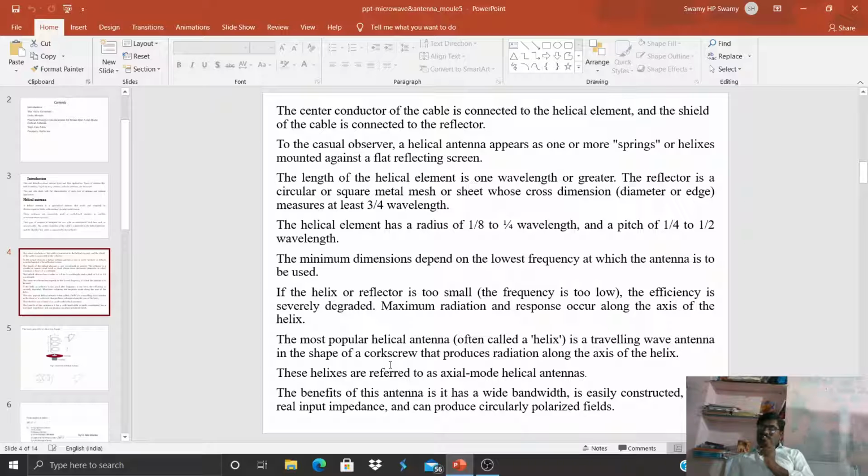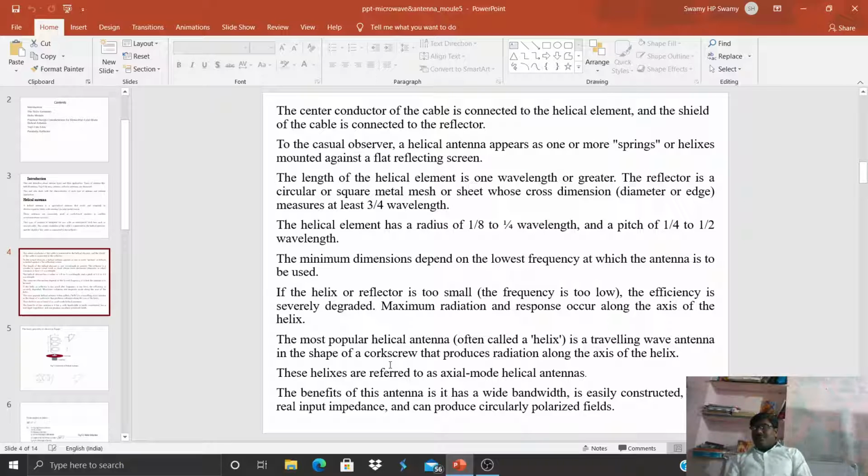One is the helical element, whose length is greater than one wavelength. The reflector element is circular or square type or sheet type, and its cross-sectional dimension or diameter measures at least 3/4 wavelength.